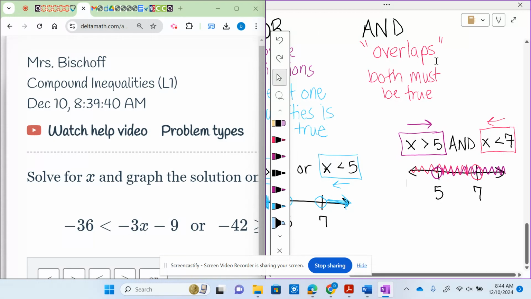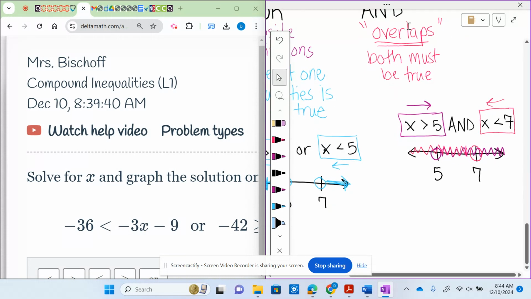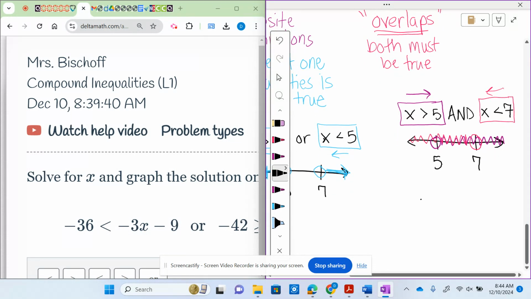Where they overlap. So the actual graph looks like this. 5 and 7, both of them have open circles, and I shade the space that's in between because that is the overlap. Okay?